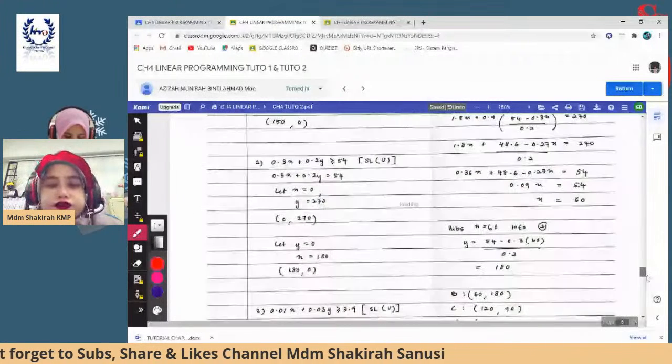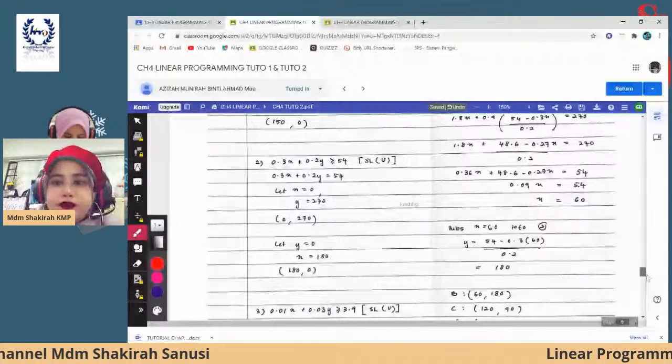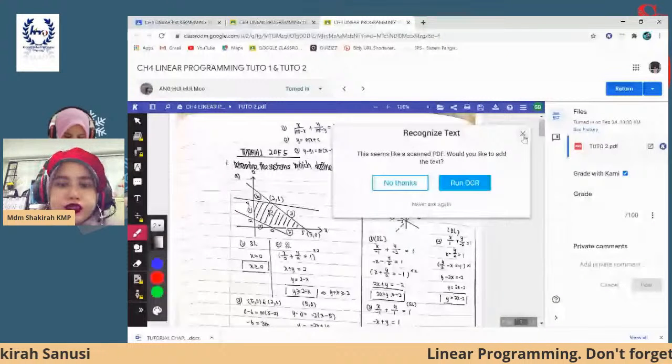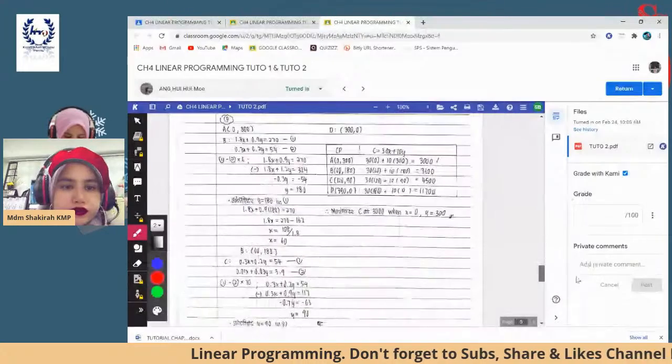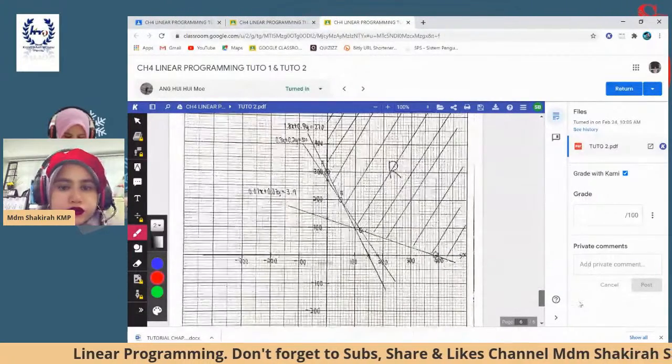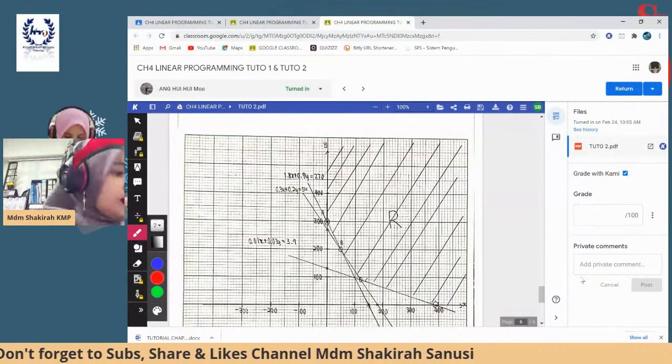Alright, 2B. Kenapa? Apa masalah? Ampun. Ada masalah 2B ke? Tengok. Ini solution A. Kenapa? Sebab soalan bagi perpuluhan.